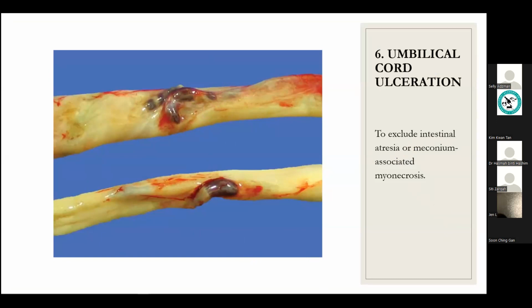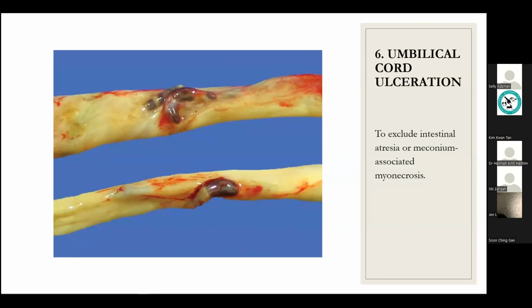Because when the vessels are exposed, they sometimes undergo vasospasm, and this vasospasm can cause ischemia and eventually intestinal atresia during development.